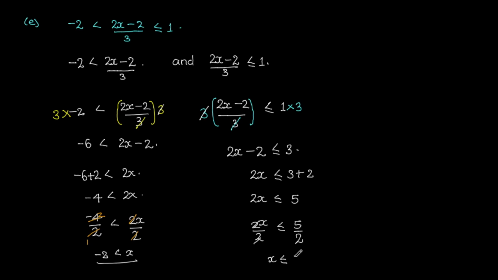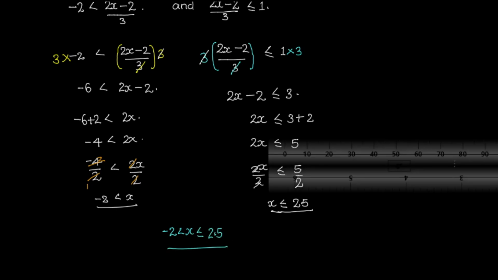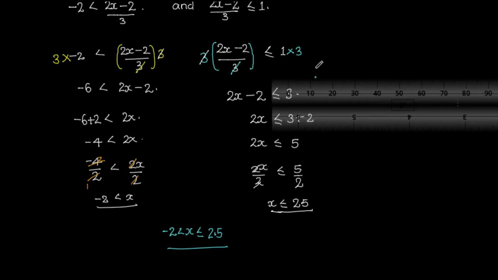So this one goes 2.5 as the value here. So when you check around, negative 2 is less than 2.5. And we have x's all coming together. We can move on and combine our work. So our solution here becomes negative 2 is less than x is less than or equals to 2.5. Then that is our solution, but we need to represent on a number line.